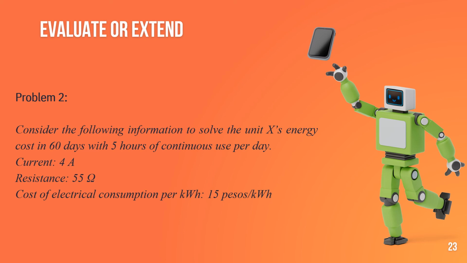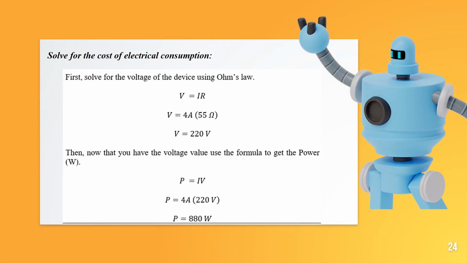So this problem is actually a challenge problem, or can be given to students who would like to be challenged as they work on the equation of Ohm's law, the power equation, and the use of Vensim in showing the stock and flow diagram. So I'll just go through the slides on how the students and the teacher can solve this problem.